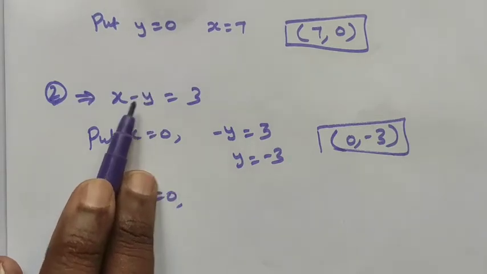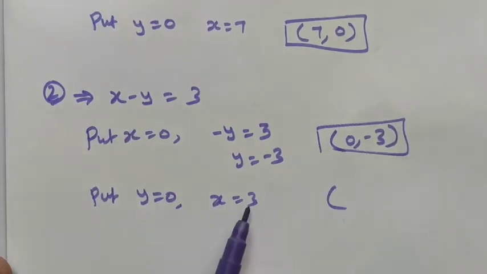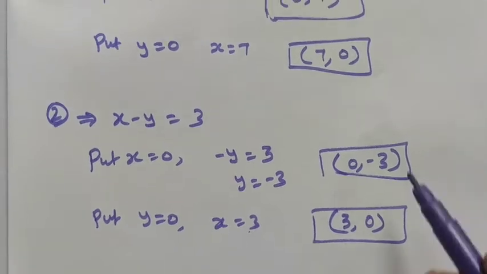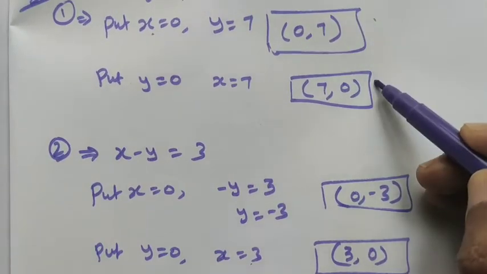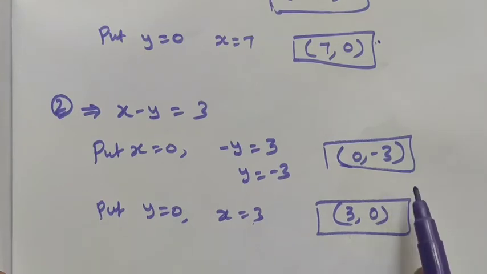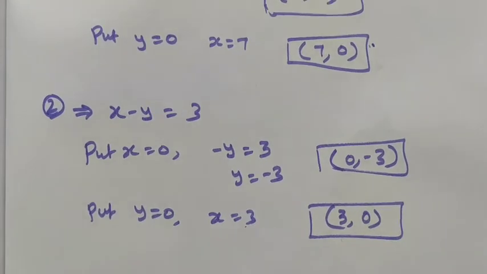In the place of y is equal to 0, then x is equal to 3. We write the ordered pair as first the x value and then the y value. So by the first equation we get 2 points, we can draw a straight line, and by the second equation also we get 2 points, so we draw another straight line.